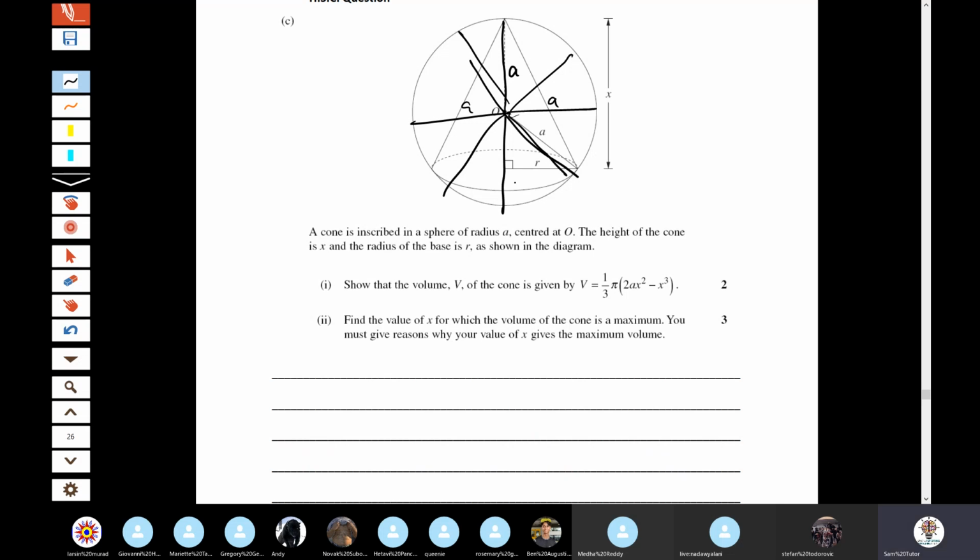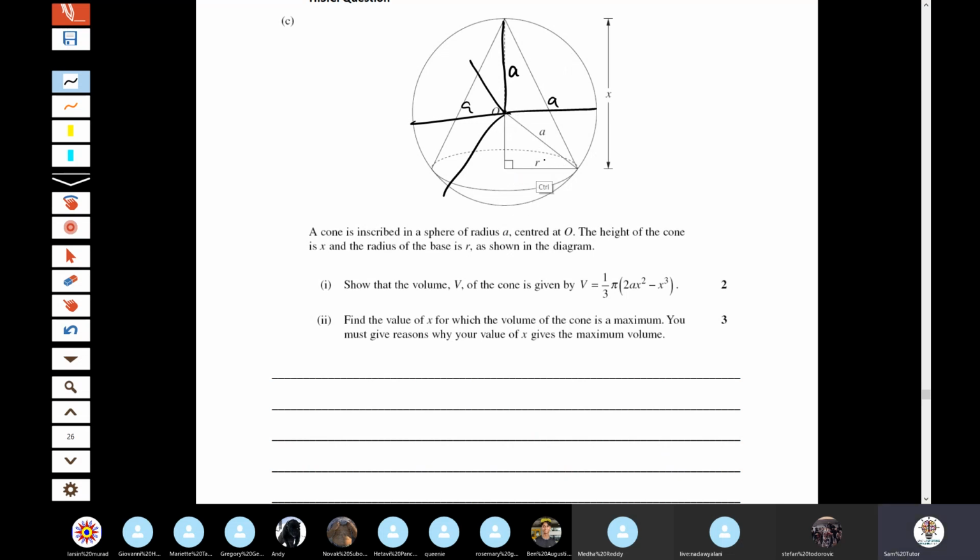A lot of people don't see that. Next time you see a question with a sphere, keep in mind that's the logic you'll need somewhere else.